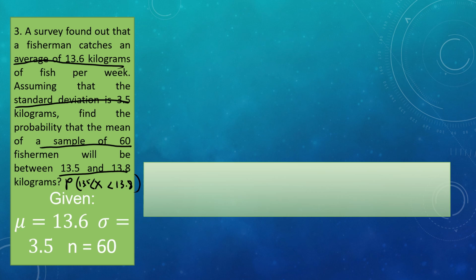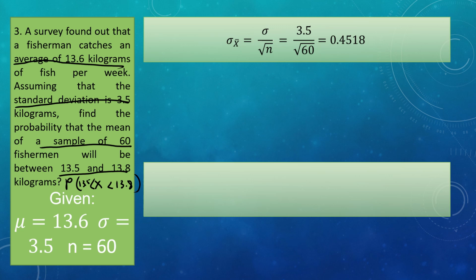If we're dealing with the population, we will use capital letter N. Since capital letter N, or the population, is not given in our problem, we will apply the formula sigma sub x bar is equal to sigma all over square root of n. Thus, we're not going to apply the finite correction factor. By substitution property, it will be 3.5 divided by square root of 60, which is equal to 0.4518.